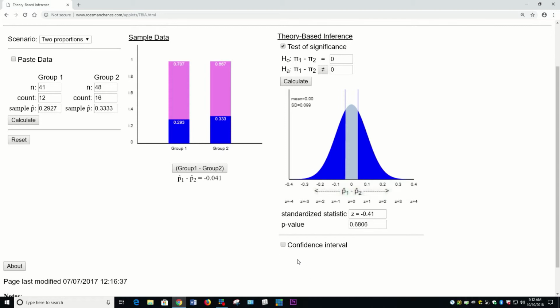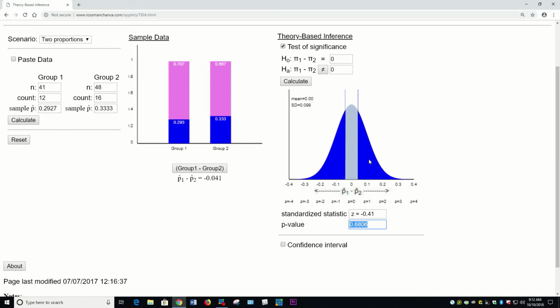And notice it automatically put in the test statistic here for us and calculated this p-value of 0.6806. Very large p-value, right? This would not at all be unusual to see if there was actually no difference.